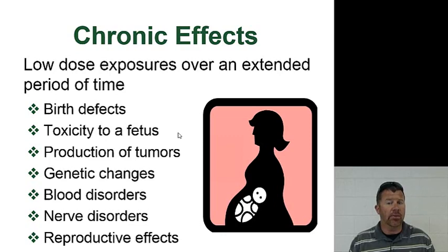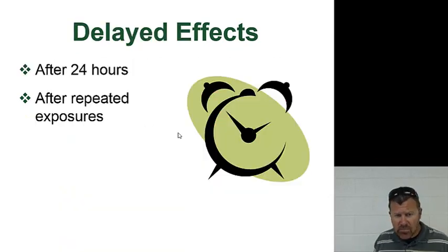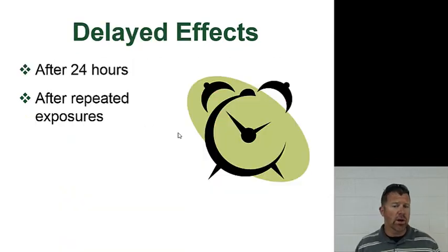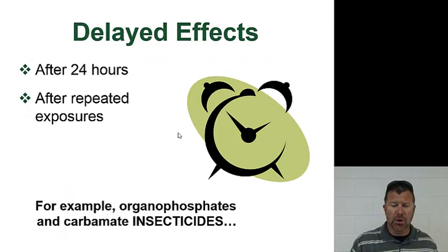And reproductive effects. We saw in the previous lecture about the bald eagle how it was having reproductive problems. It was an emergency. We almost lost our bald eagles, and then after we stopped using certain types of pesticide, reproductive rates of the bald eagle have increased. Delayed effects after 24 hours and thereafter repeated exposures.